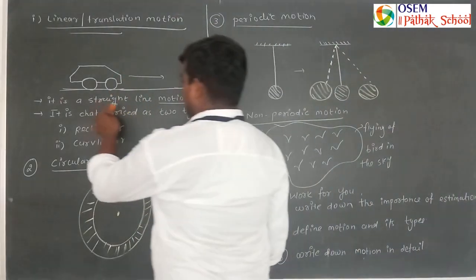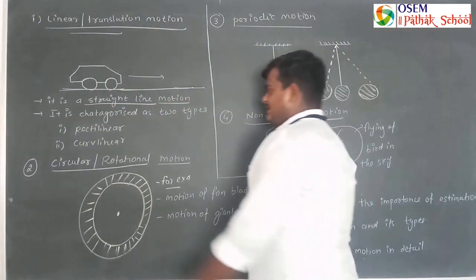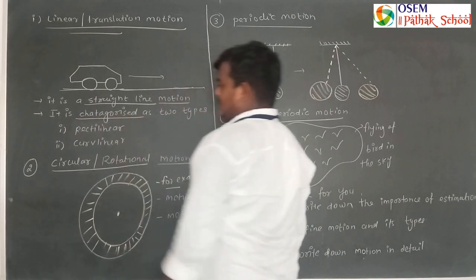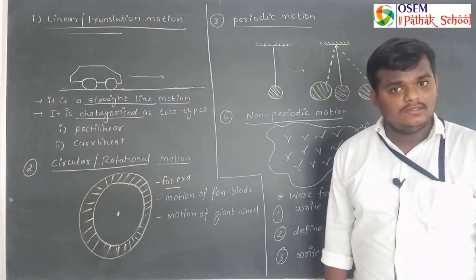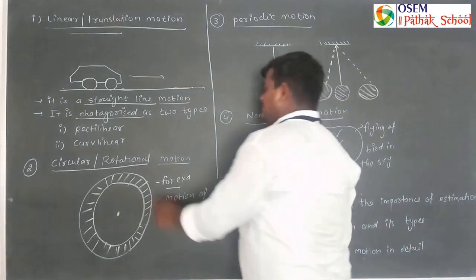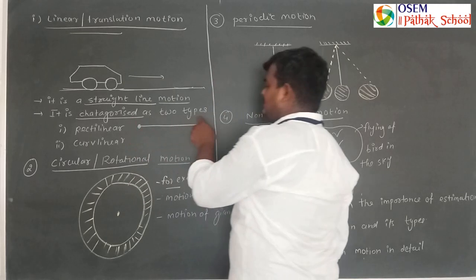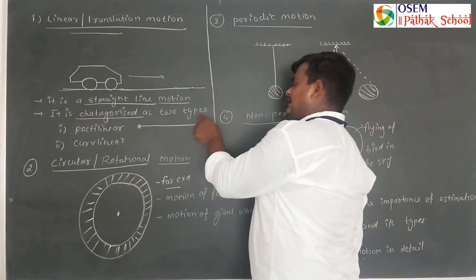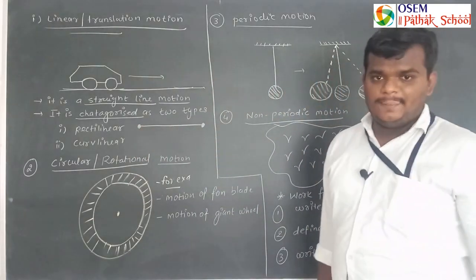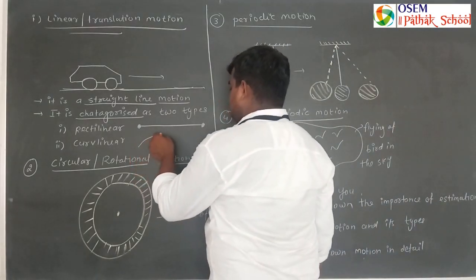It is a straight line motion, and it is categorized into two types, rectilinear and curvilinear. What is rectilinear? Rectilinear means from one point you are moving in a straight line direction, while in curvilinear you are moving in this type of curve.